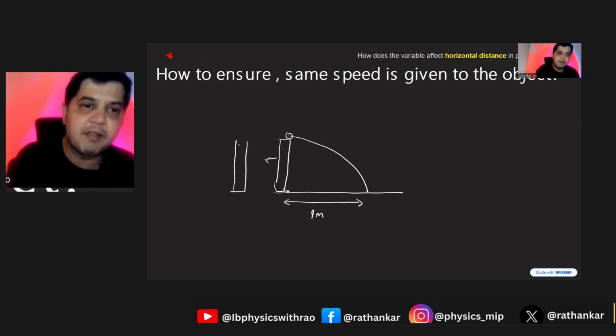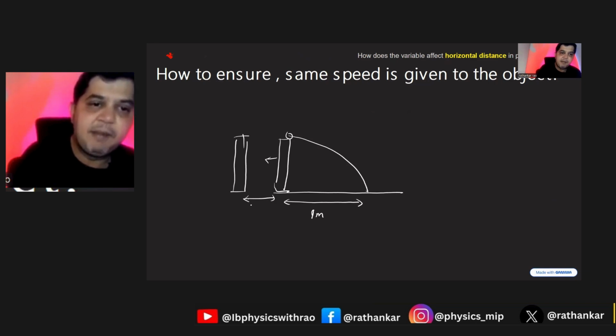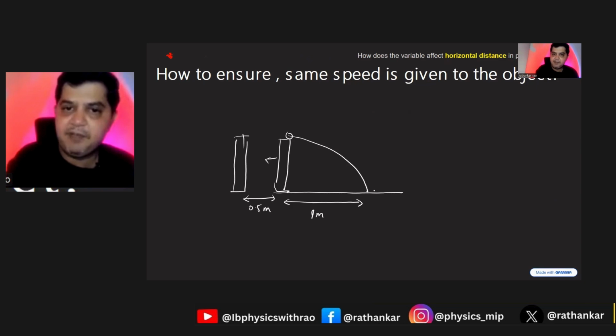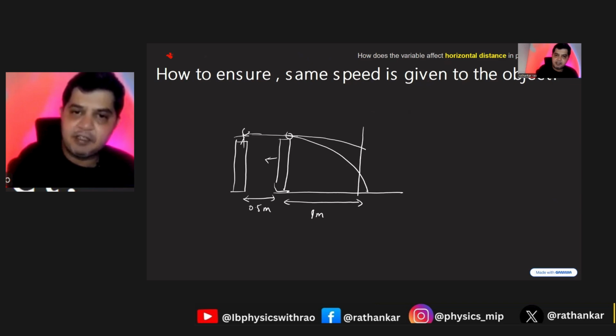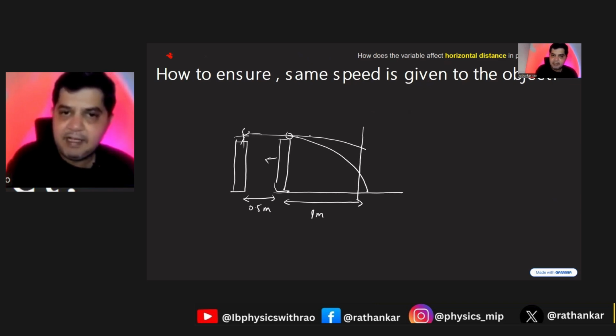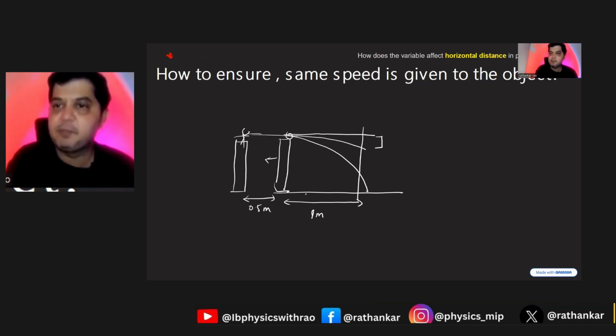Let us say by 1.5 meter, this is maybe 0.5 meter over here. When I do this, it will not immediately fall over here. So maybe if I use a marble and a catapult, this can go like this and it may hit the wall here. I can find out what is the displacement between these 2 points.